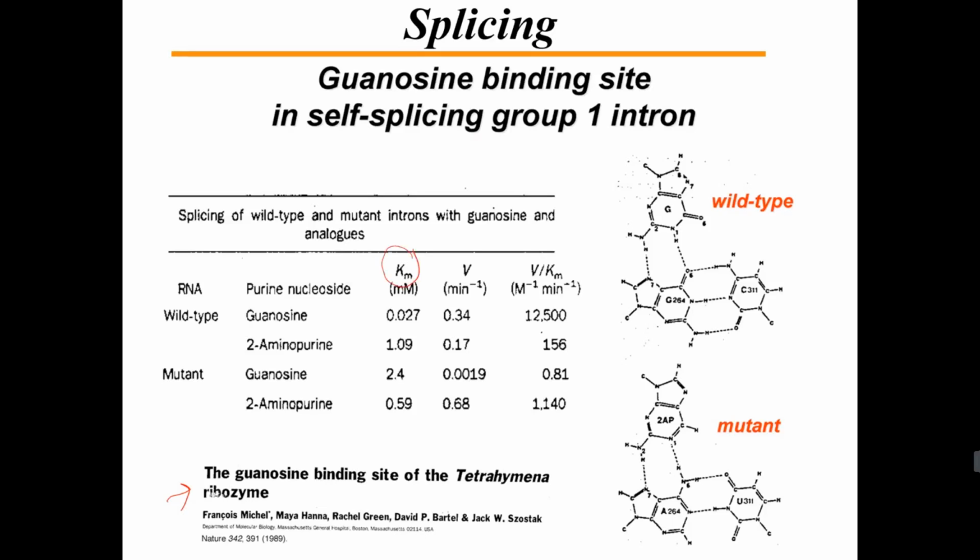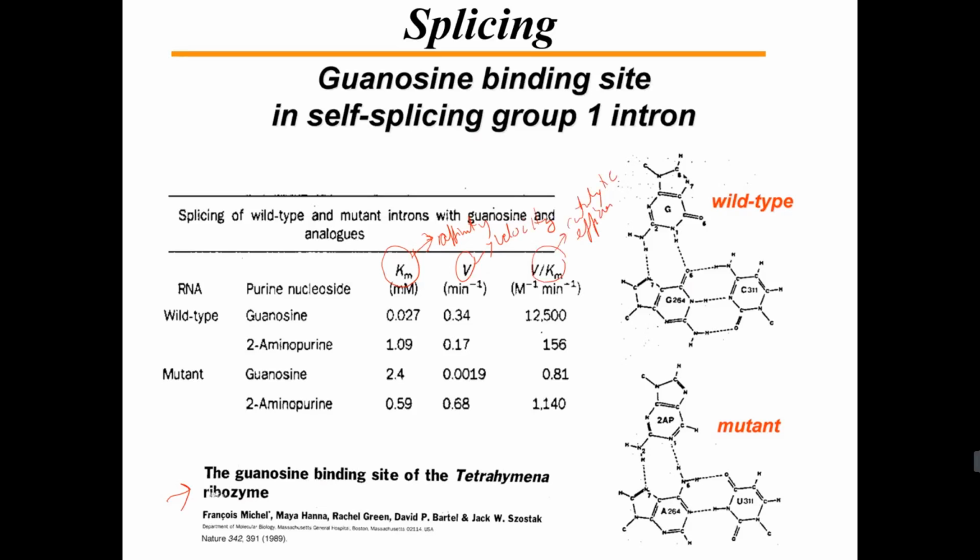If you think back to 210 in your enzyme section, Km is a measure of affinity for a particular enzyme. V is for velocity. If you forgot these terms, please review them. And then V over M basically is just a ratio of the two to define the catalytic efficiency of the reaction that's occurring.